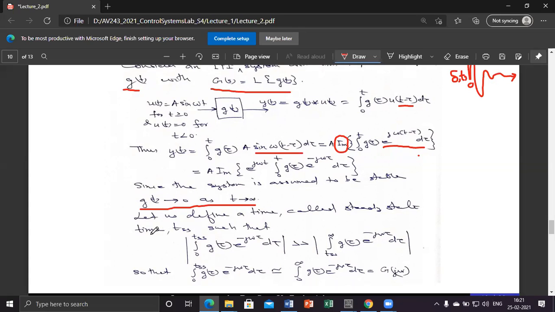That is, if you give a sinusoidal command, let us define a time called steady state time T_SS, such that the integral from 0 to T_SS of g(tau) e^(-j omega tau) d tau is much greater than the integral from T_SS to infinity of g(tau) e^(-j omega tau) d tau.